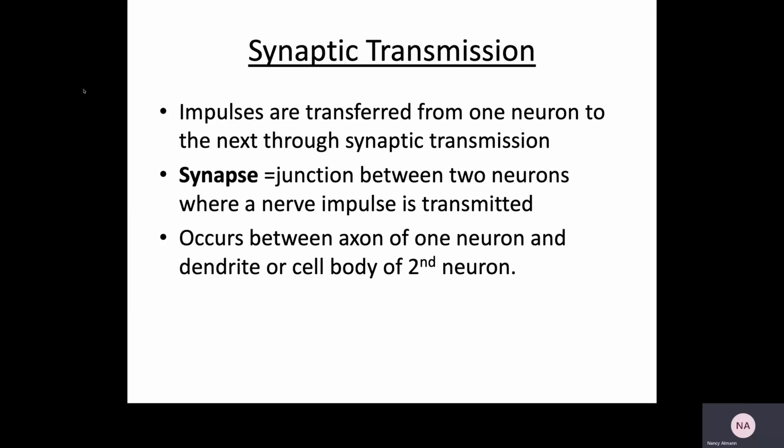A synapse is the junction between either two neurons or a neuron and an effector when an action potential is transmitted. This is going to occur between the presynaptic neuron and the cell body or dendrite of the postsynaptic neuron.